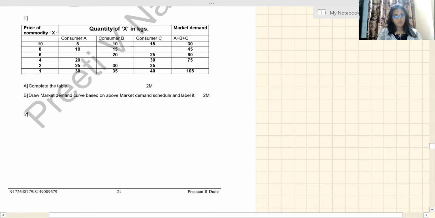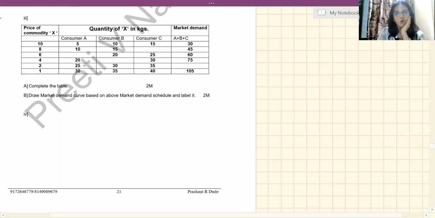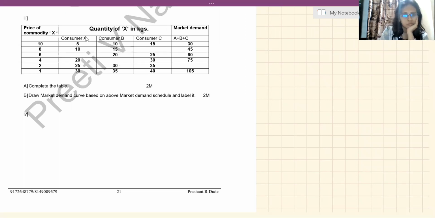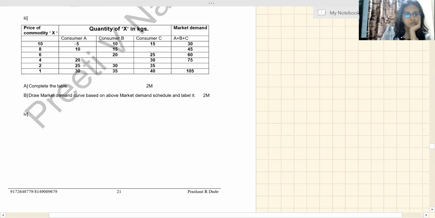Again, you can see consumer A, consumer B, market demand. So it is regarding addition. What is market demand? We know market demand is nothing but the addition of all the consumers. So 5 plus 10 plus 15 is equal to 30. Now 10 plus 15, 25.